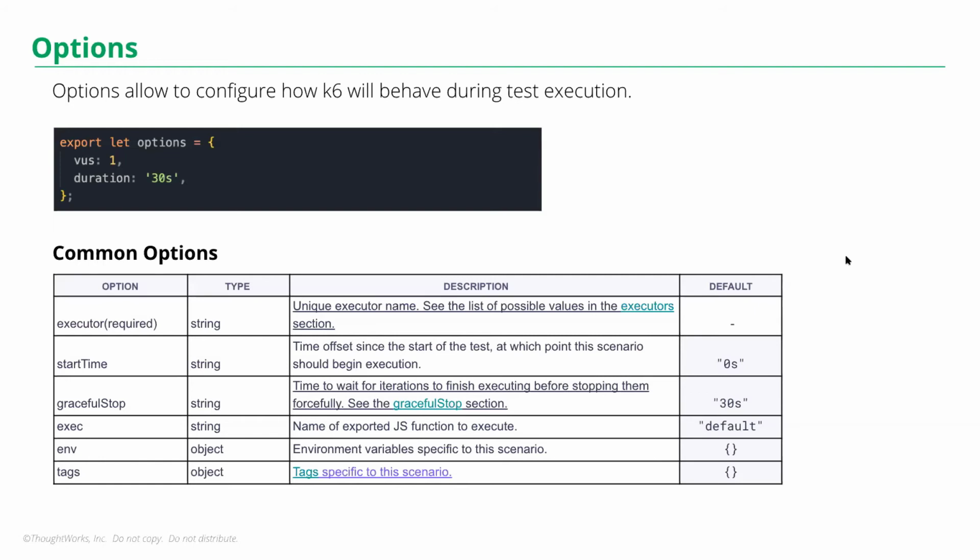Exec is the name of the exported JS function to execute. Env is the environment variable specific to the scenario, and tags are also specific to the scenario. These three, exec, env, and tags, are optional, but we actually need to give the executor, the type of executor we are going to use, the start time, and the graceful stop.